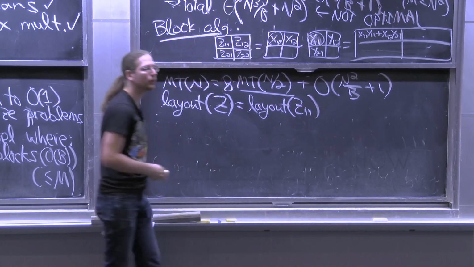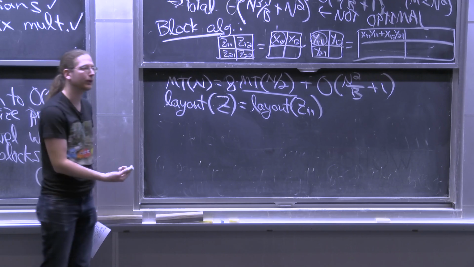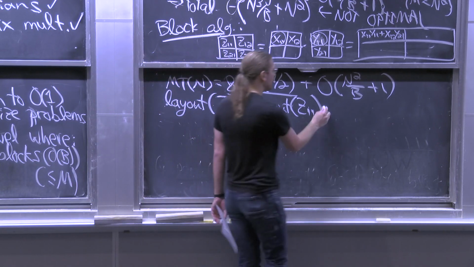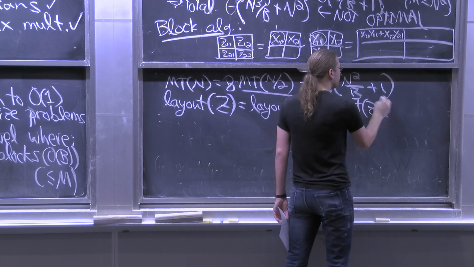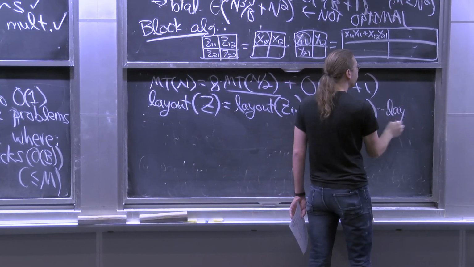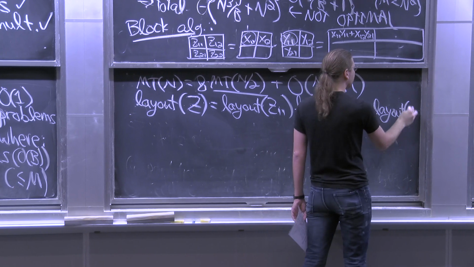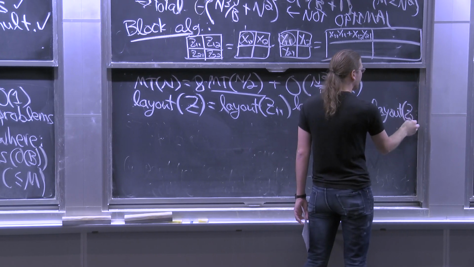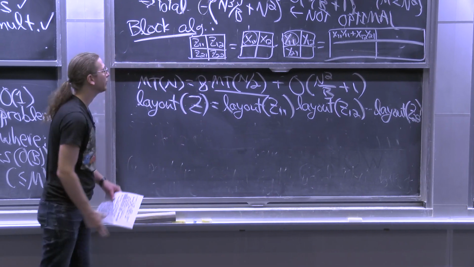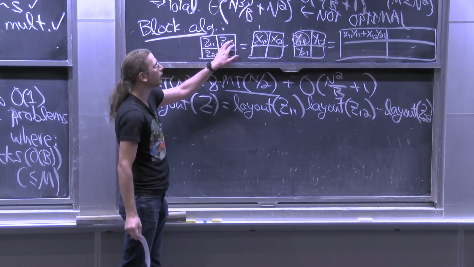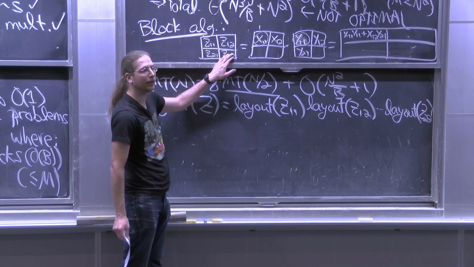So when I say layout, I mean what order do I store the elements in memory? What order do I store the cells in memory? And what I'm going to say is recursively lay out the pieces, there's 4 pieces, recursively call layout of those, and then concatenate them together. That's my layout. So I'm going to store all of these items, then I'm going to store all of these items, and then all of these items, then all of these items.